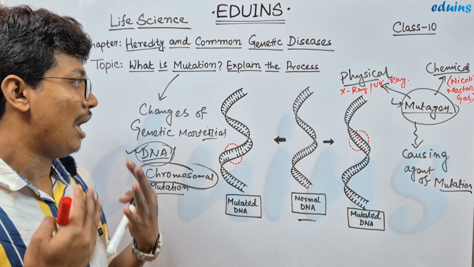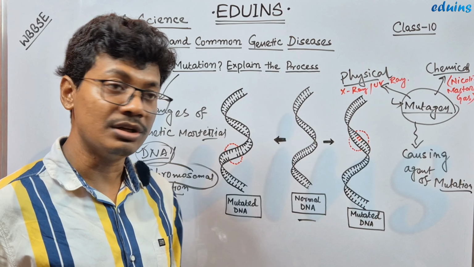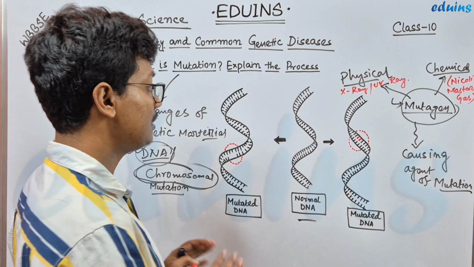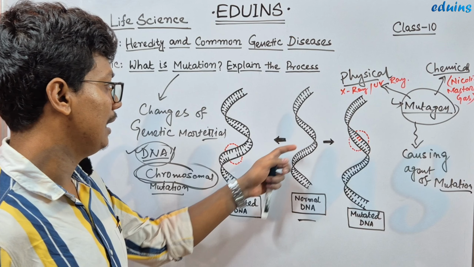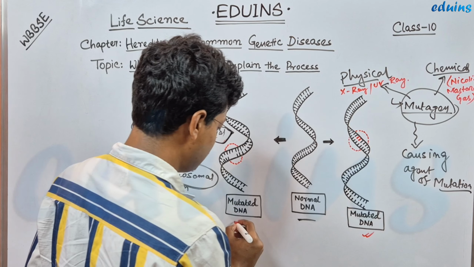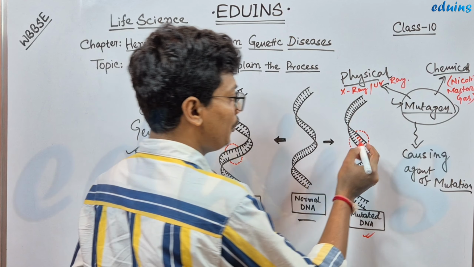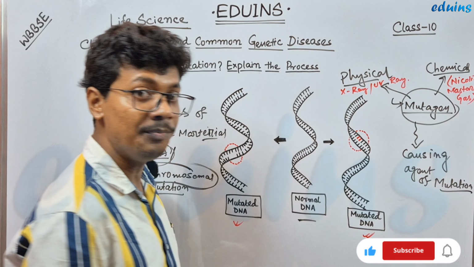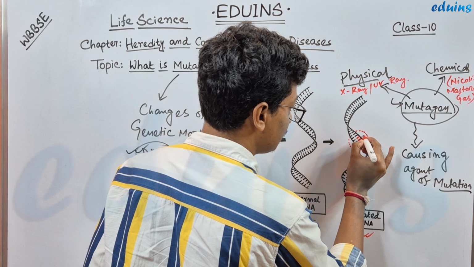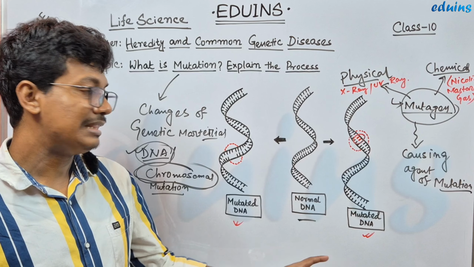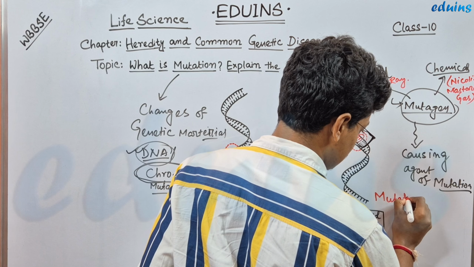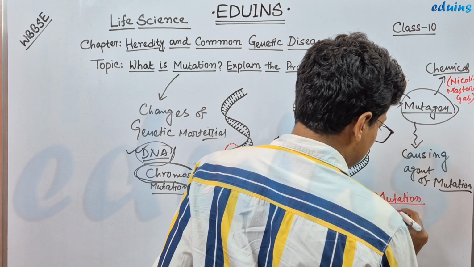So what is the function of these mutagens in mutation? Mutation can occur in different ways. Like this is a normal DNA. Now I have drawn two figures of mutated DNA. In one, look here, the sequence of the nucleotides has been changed, this part. So this is called mutation.